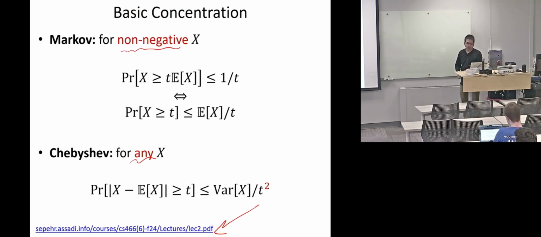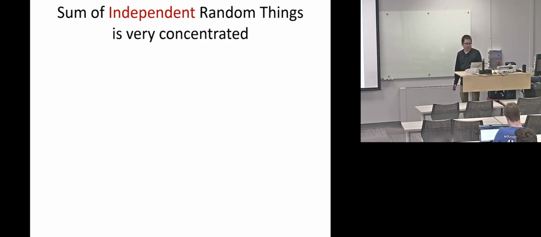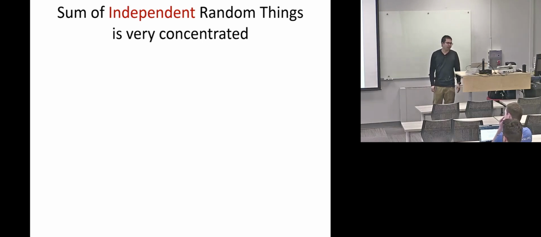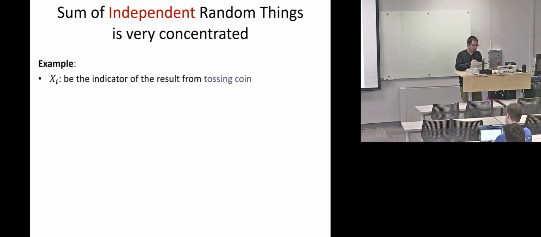So now these are basic things, but there are really stronger concentration bounds. And you can get super strong concentration bounds when you look at the sum of independent random variables. For example, let xi be the indicator of the result when you toss coin i.